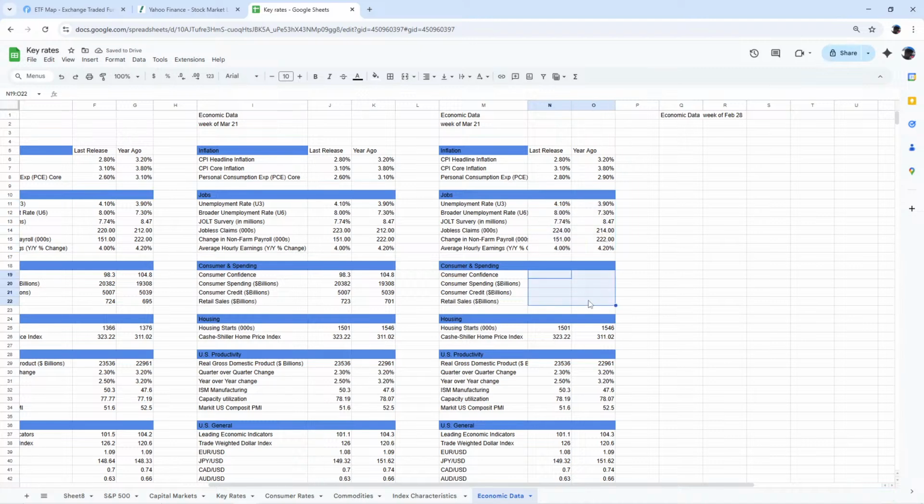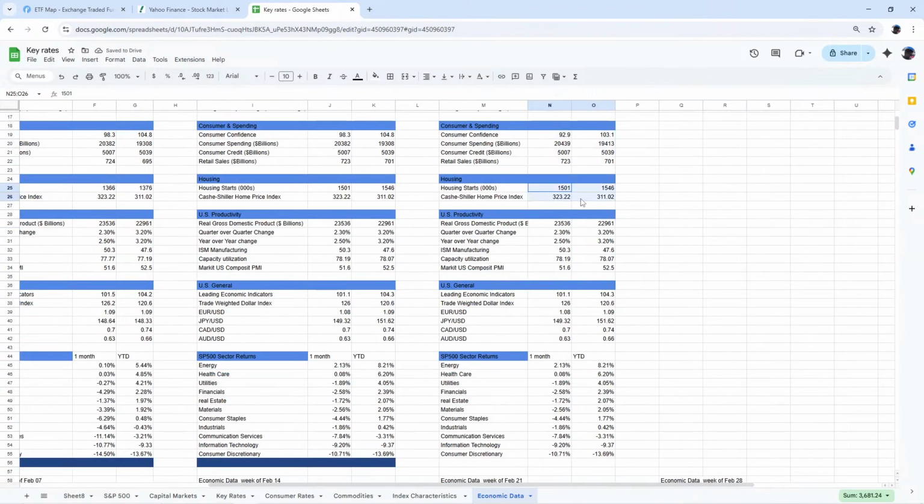Consumer and spending. Housing starts haven't changed, it seems. Interesting. Productivity.